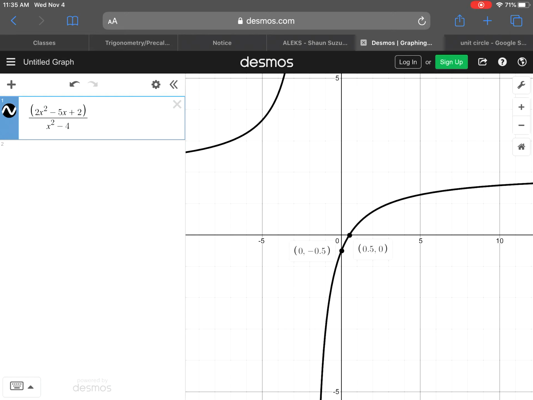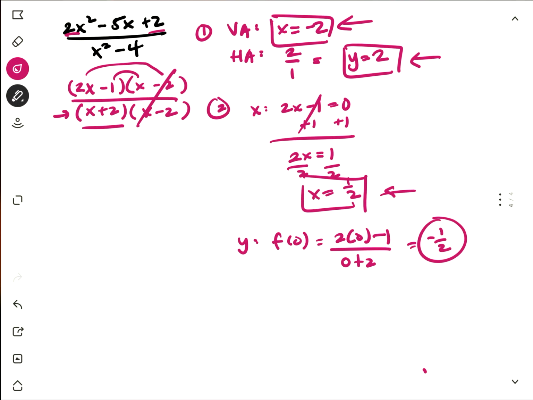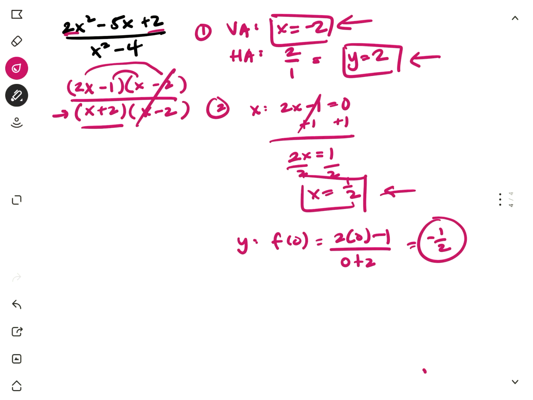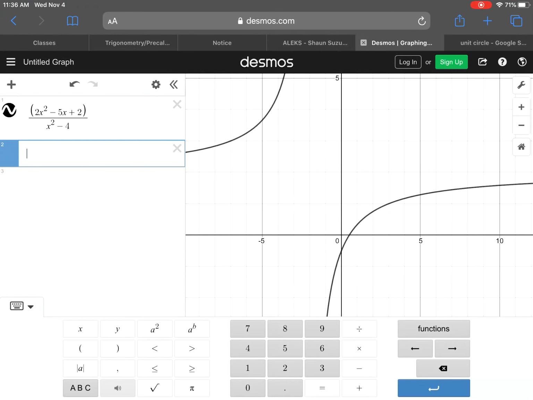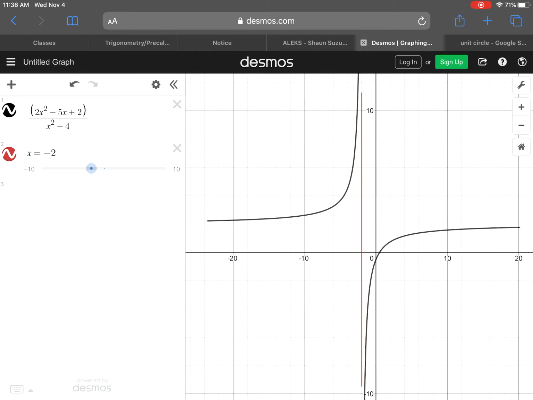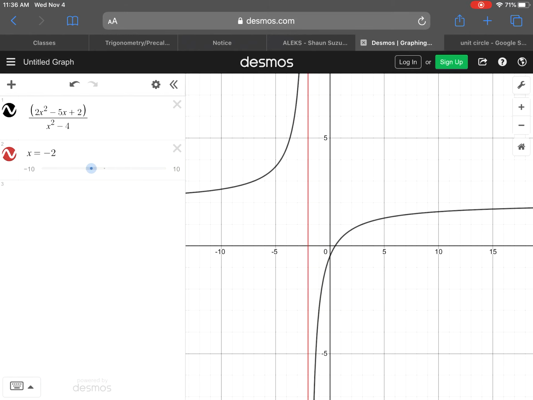All right, so let's check our intercepts. Okay, our x-intercept at 1/2, our y-intercept at -1/2, perfect. We should also have, looking back here, a vertical asymptote at -2. Let's check. So I'm going to put in x equals -2. Yep, that checks out. And then we have a horizontal asymptote at y equals 2.